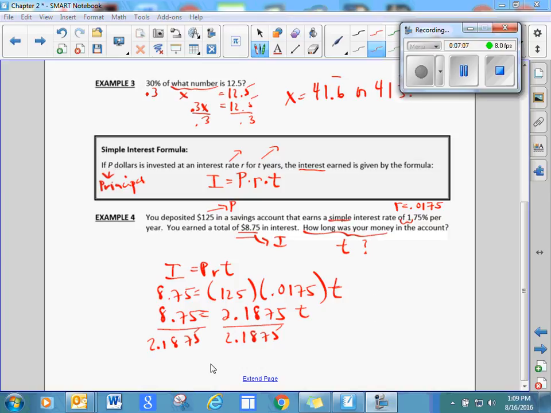Okay, so we figured out after we did the division that T is equal to 4. And our unit here is years because it's 1.75% per year. So to answer the question, you're going to go back and look and make sure that you got the answer to the question. How long was your money in the account? Your money was in the account for 4 years.